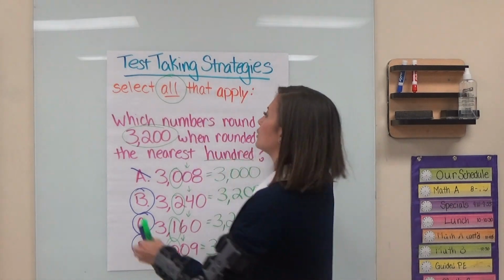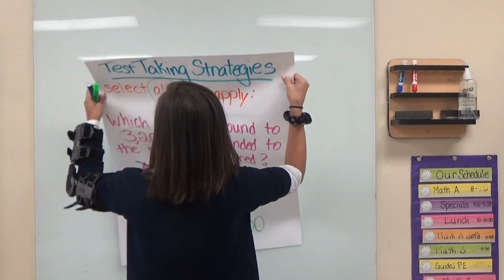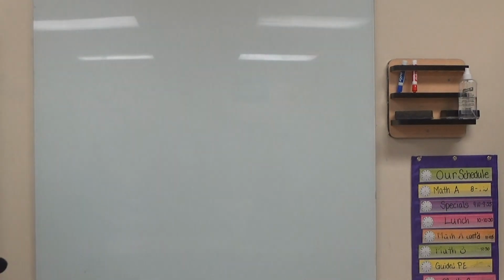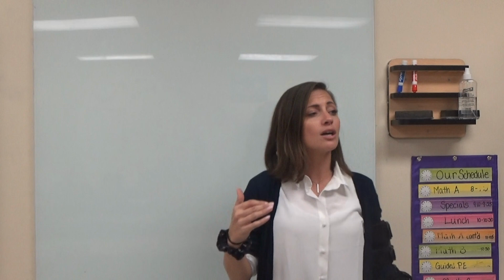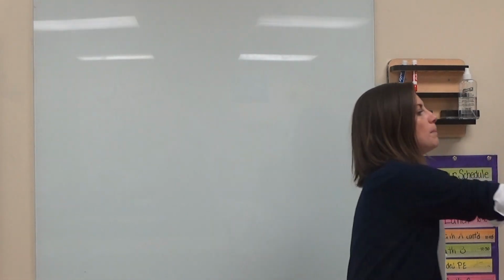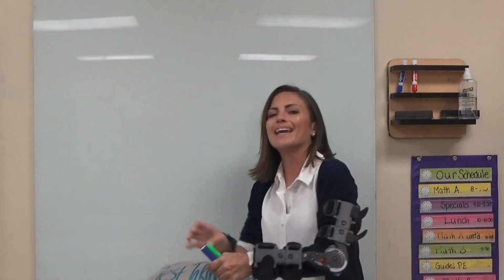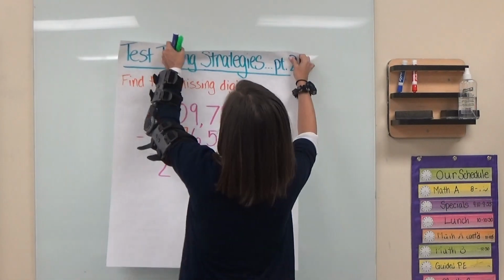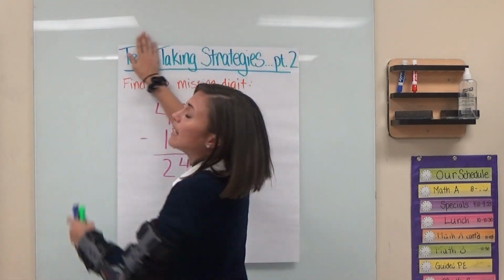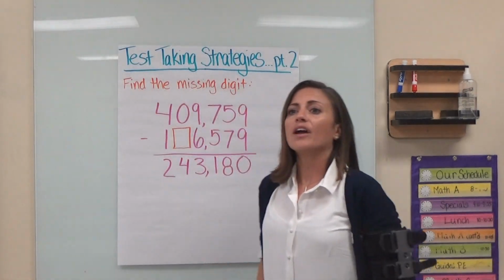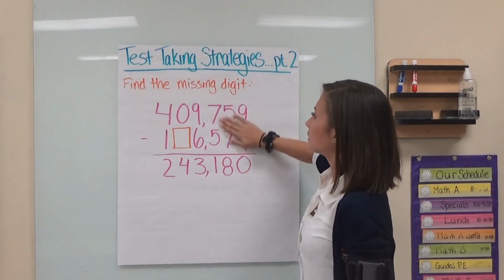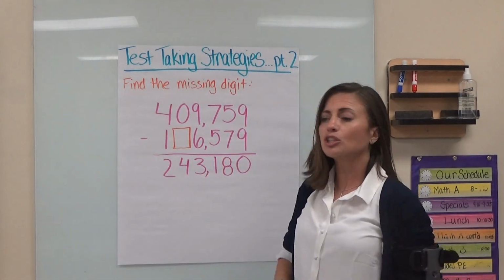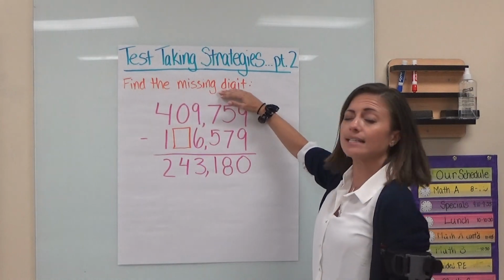The next thing we're going to do is a different type of test-taking strategy. So we are actually going to turn the page, and instead of selecting all that apply, we are going to work backwards to find a missing number. I like to think of this as being a number detective. There will be questions you will see that will ask you to find the missing digit.